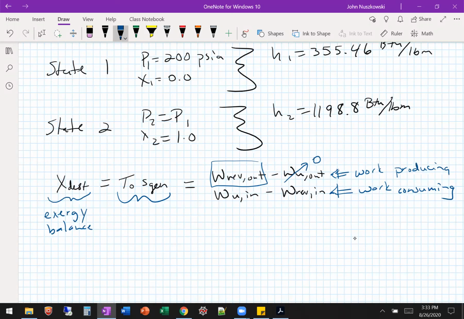You would have to calculate S gen using entropy balance. Yeah, so this one's the entropy balance. And then this one is the exergy balance for work reversible.